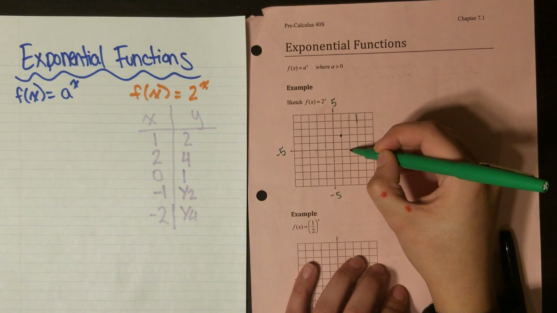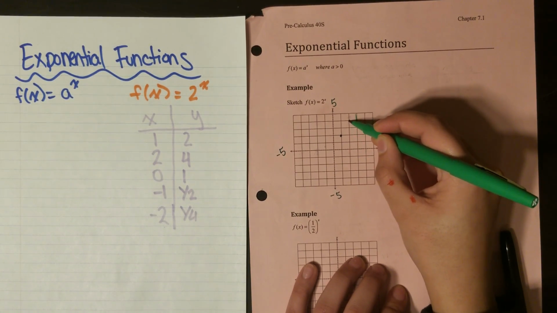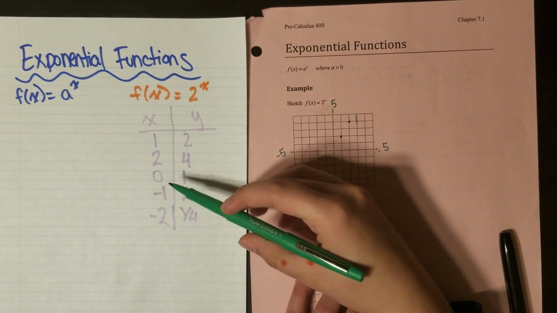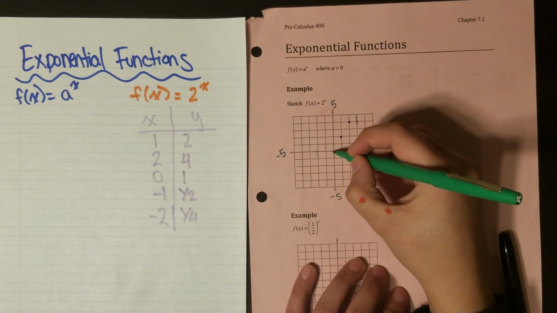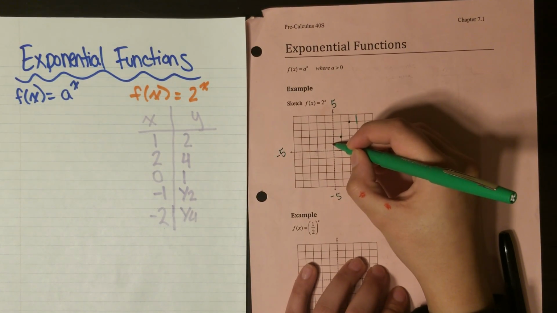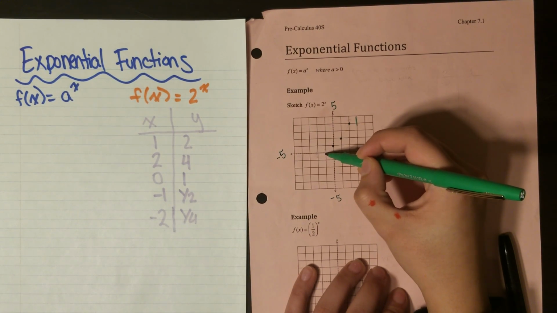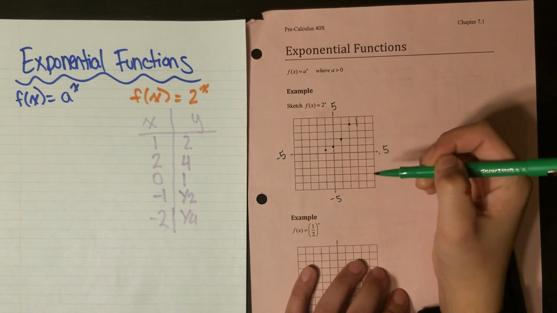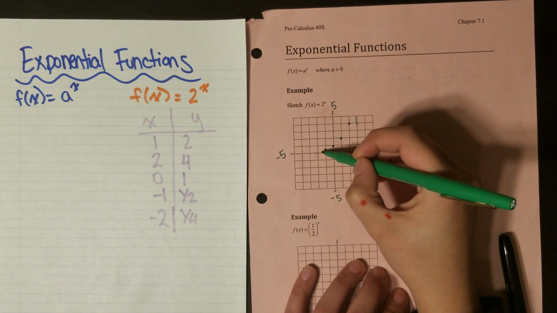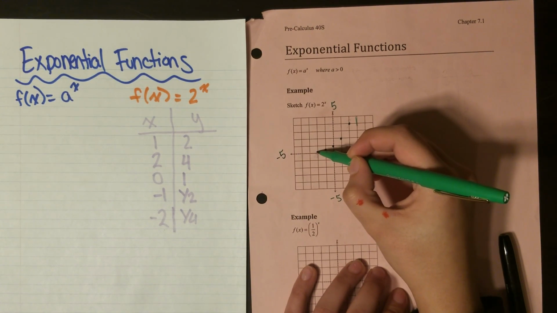So 2 and 1, 2, 3, 4. My next point is at 0 and 1. My next point is at -1 and a positive 1/2. And my next point is at -2 and a quarter.